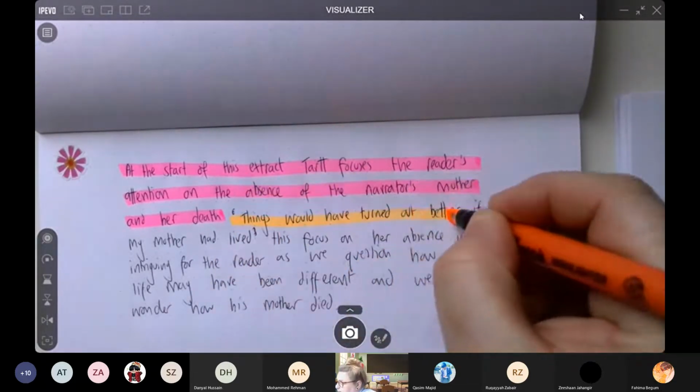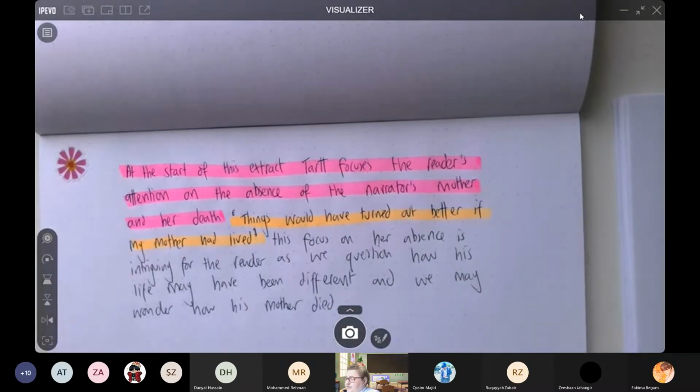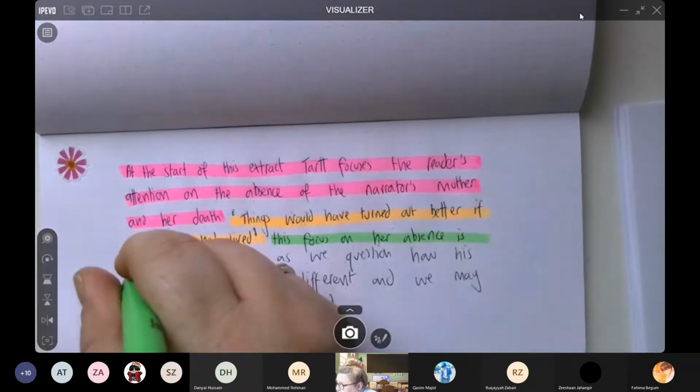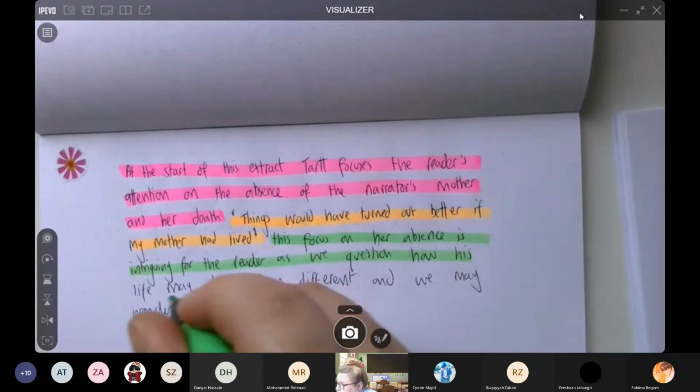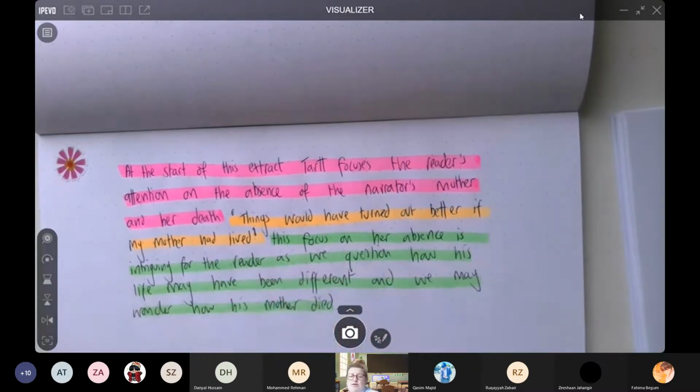So things would have turned out better if my mother had lived. And we could say that that's a very shocking statement. So we've then got this focus on her absence is intriguing for the reader as we question how his life may have been different, and we may wonder how his mother died. Now that's the first part of that question.